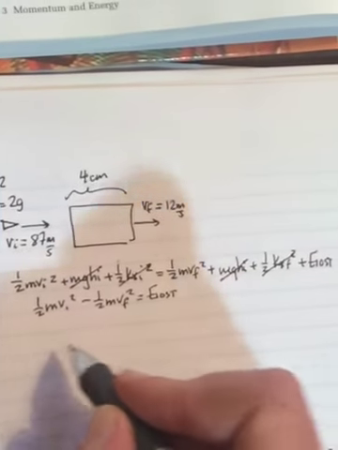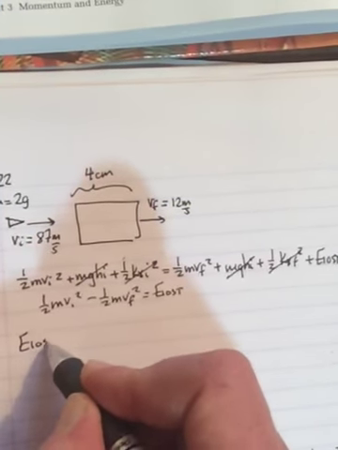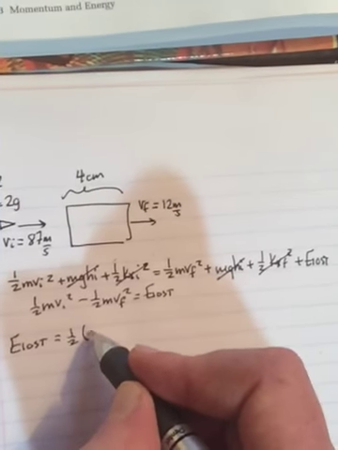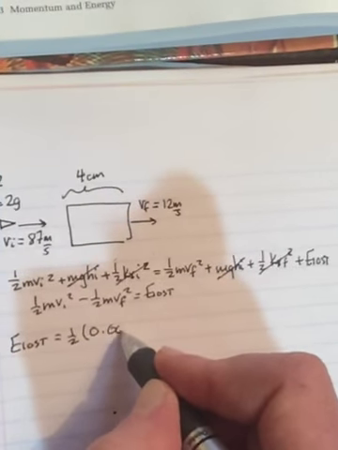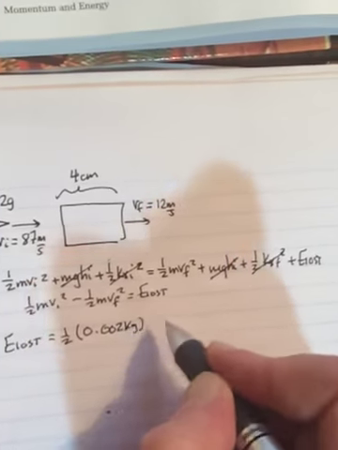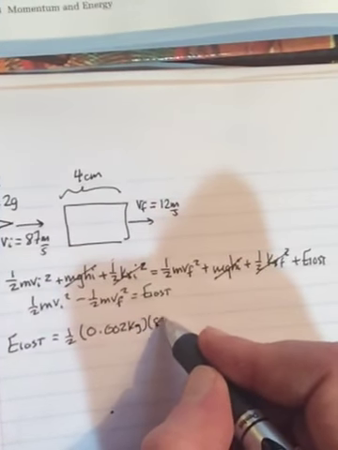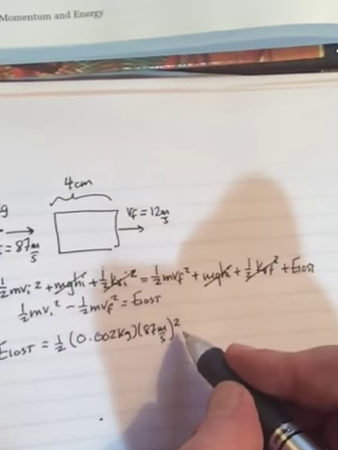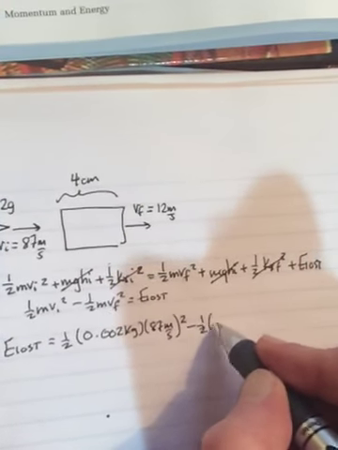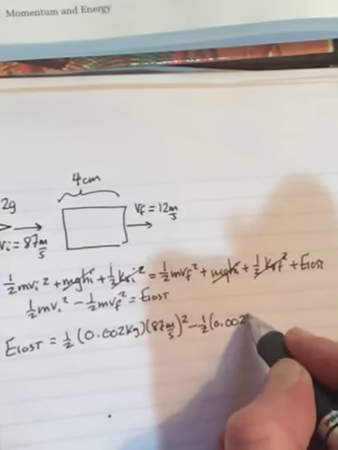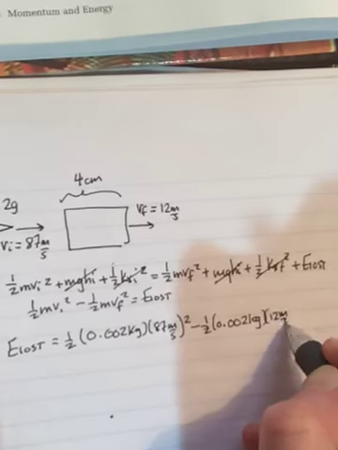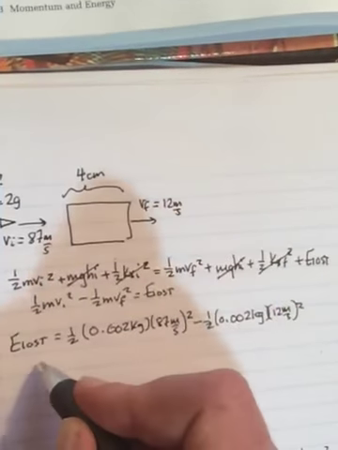And now we can fill in our numbers. So E lost will equal 1/2 the mass of the bullet, which was 2 grams, divide by 1,000, so 0.002 kilograms, and the velocity was 87 meters per second. And remember, when you type that in, it gets squared. Minus 1/2 times 0.002 kilograms times 12 meters per second squared.